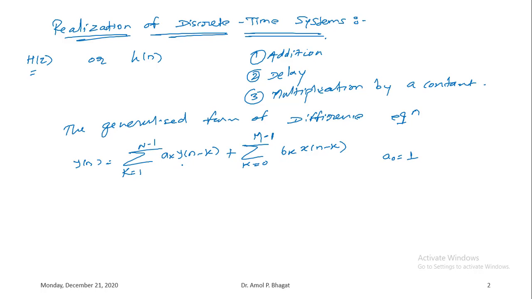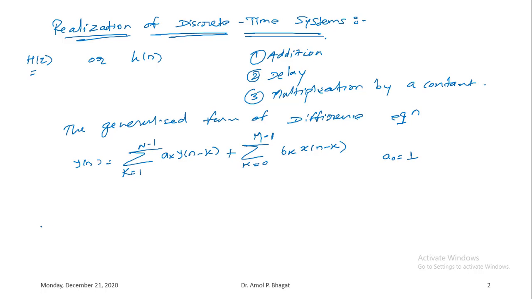Why we are calling it feedback and feed forward, we'll see in the next session, when we'll see the basic building blocks, as well as utilize those basic building blocks to identify the realization of a discrete time system from the given difference equation.